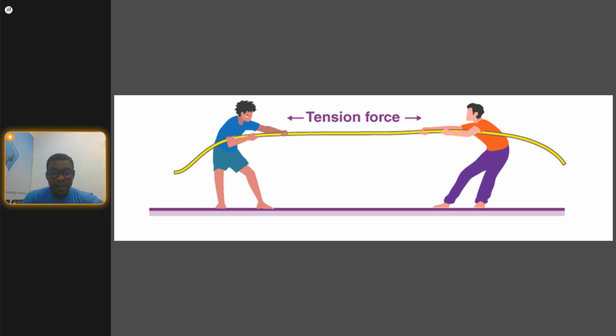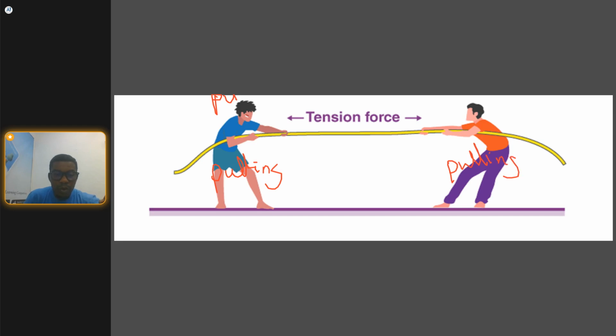Okay, so you can see that we have two persons. Let's say this guy is pulling, while this one is also pulling to his own side.